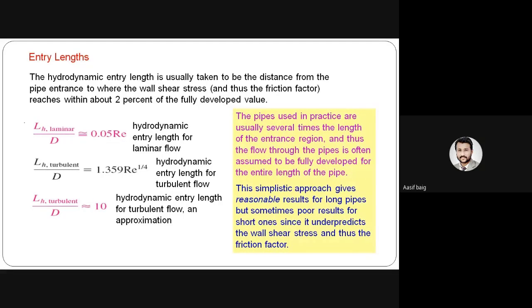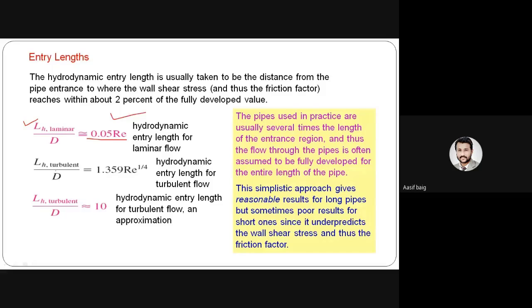So here is the equation where LH, the hydrodynamic entry length for laminar flow, divided by D equals 0.05 Reynolds number.